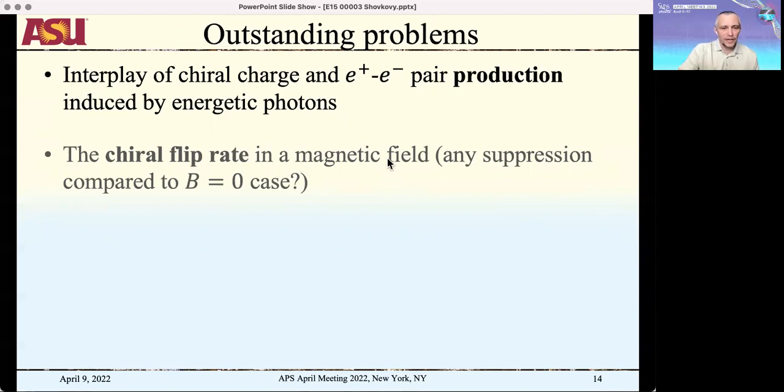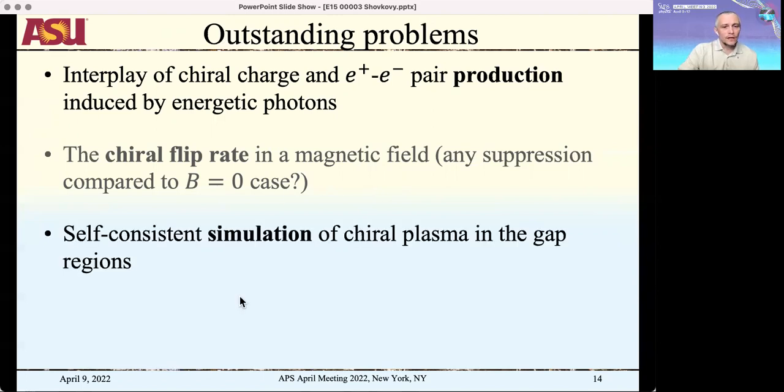So far, we use the estimates for the chirality flipping rate at zero magnetic field. However, the additional suppression of the chirality flipping rate in the presence of magnetic field can be substantial, and in fact, it can enhance the chirality production in the gap regions.